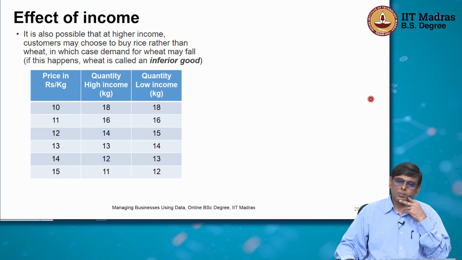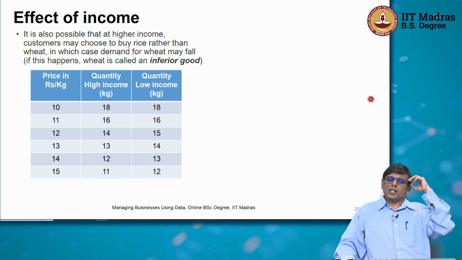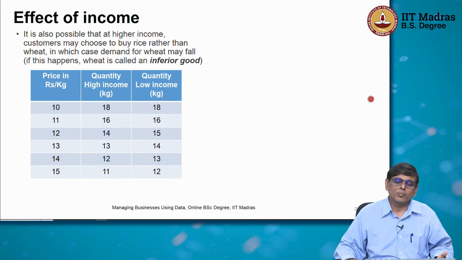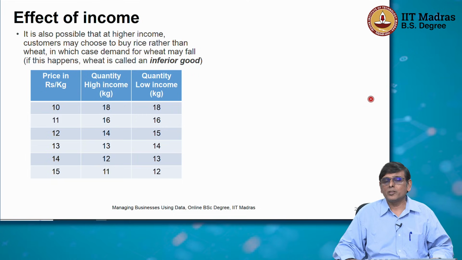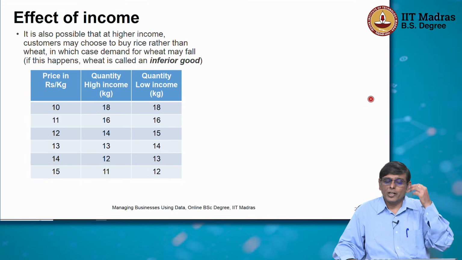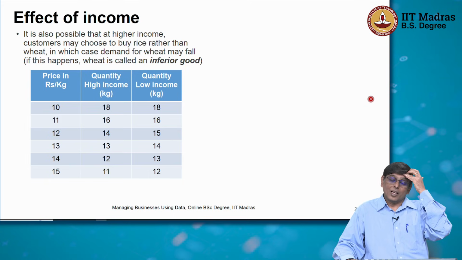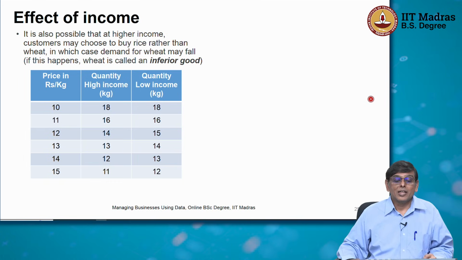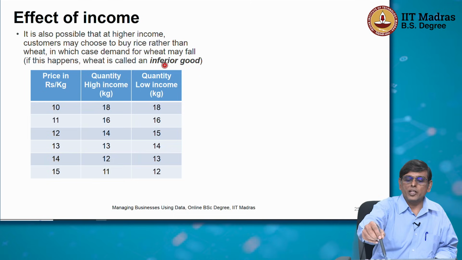So maybe my preference is for rice, not wheat. I like rice more than wheat. In fact, the tendency in India is that people are consuming more rice than wheat. So if I have more income, I'm earning more, I might decide to replace wheat with rice. When I have less income, I can't afford rice, so I eat wheat. That could be possible.